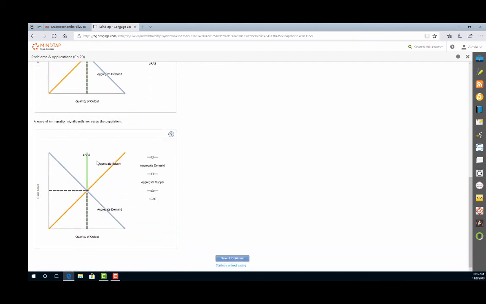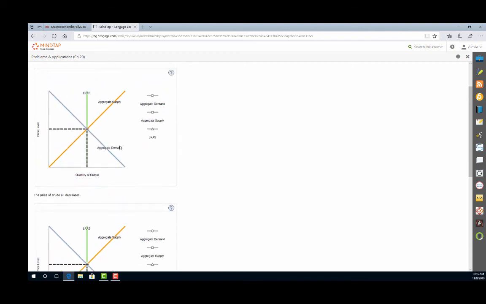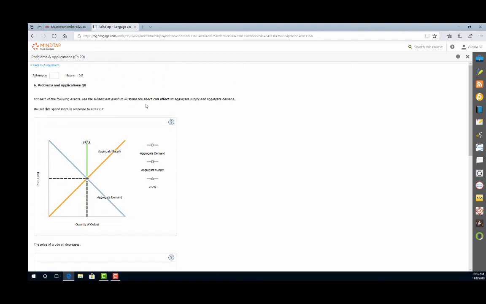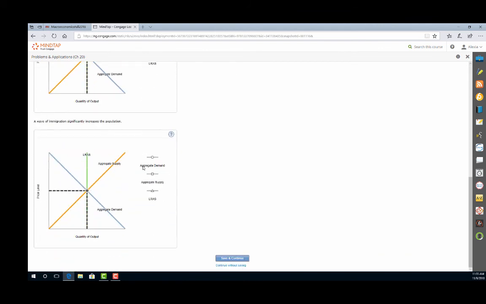Okay, this question, be careful with this. It says a wave of immigration significantly increases the population. So if we go back to the question, what it was asking, it was saying short run effects. So, a wave of immigration increasing the population could ultimately, over time, cause a potential output to change. But this set of questions is asking about short run.